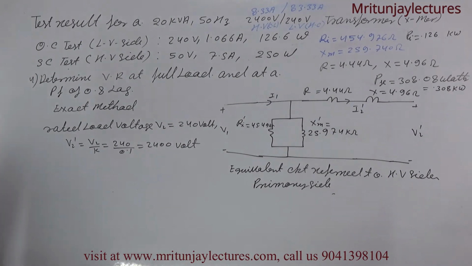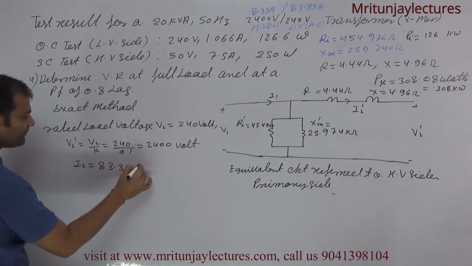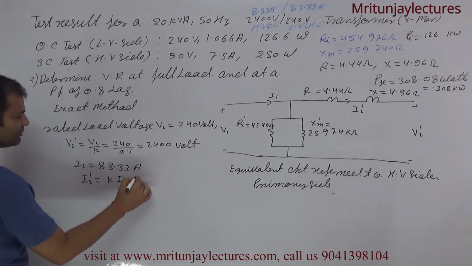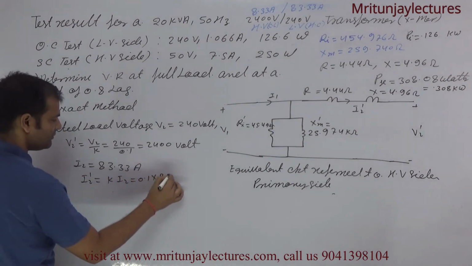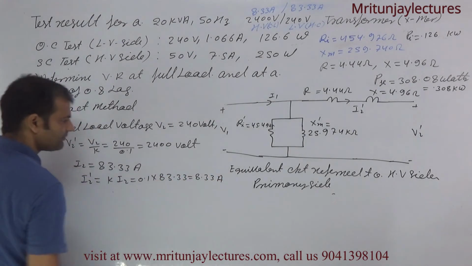Clear? What about I2? I2 is 83.33 ampere. It is converted: I2 dash is equal to K into I2, that is 0.1 into 83.33, so you can say 8.33 ampere.